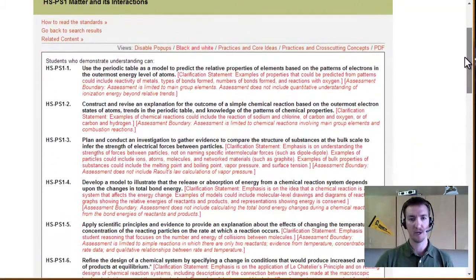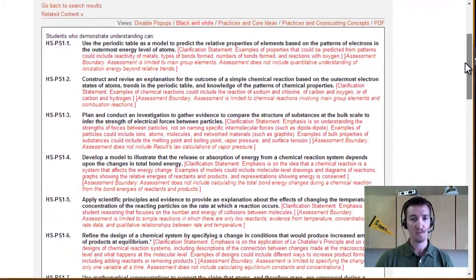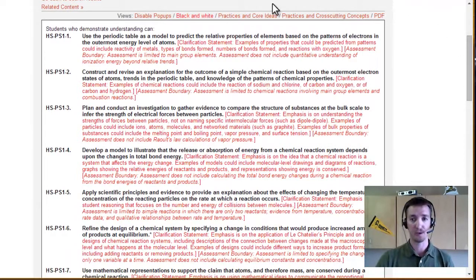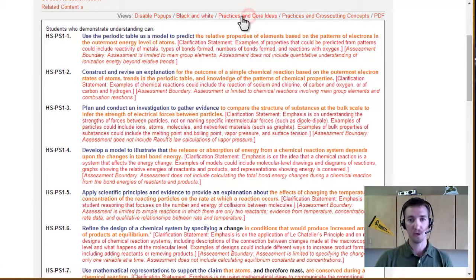Now, if we actually look at these standards themselves, one really helpful way to look at these is to use these different options at the top. If you click practices and core ideas, the practices, the performance expectations, basically, that's the verbs, the things students are doing. So they're going to build a model and predict.